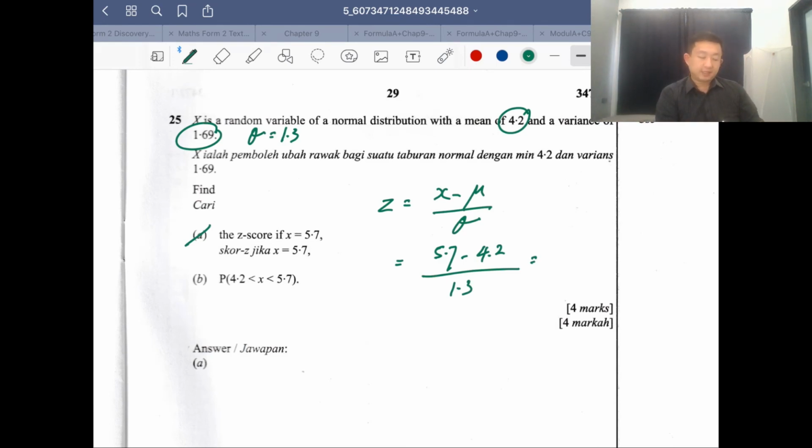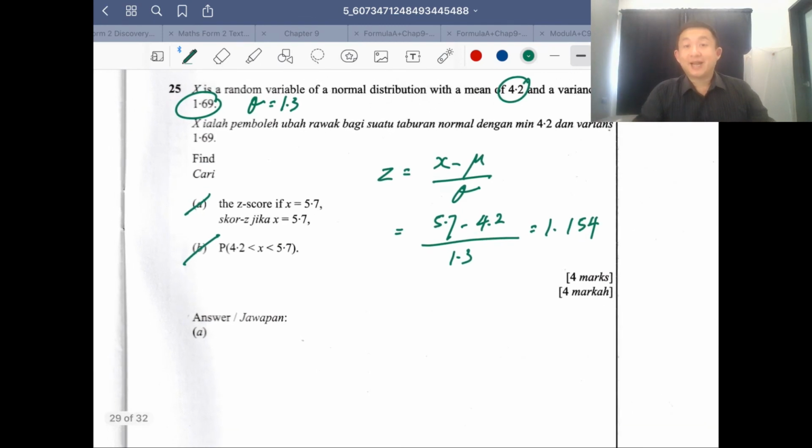Changing x to z, z is a standard score that helps you read the probability from the table: 1.154. You need to find the probability between 4.2 and 5.7. That is between x values, so you need to change x to z first.